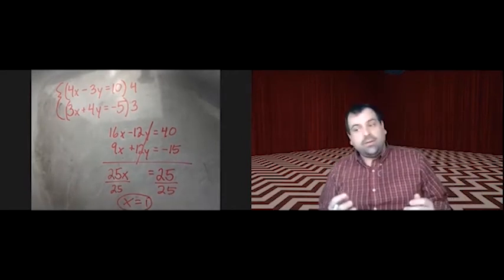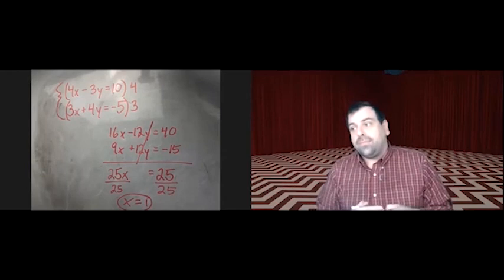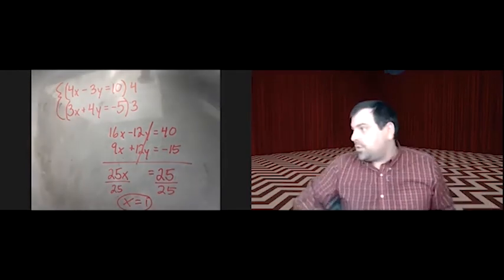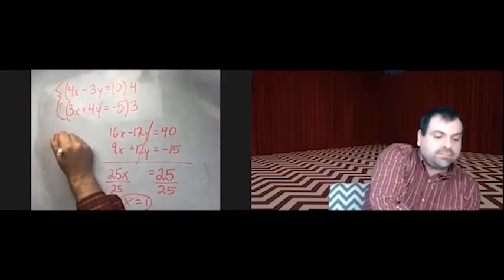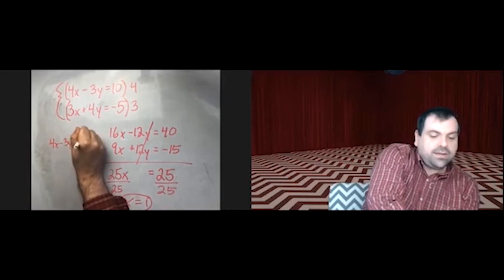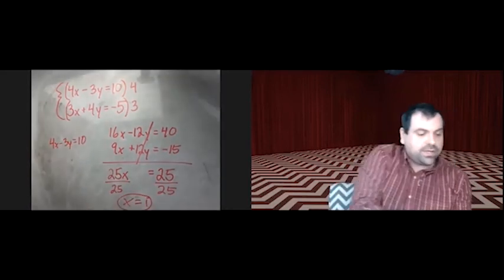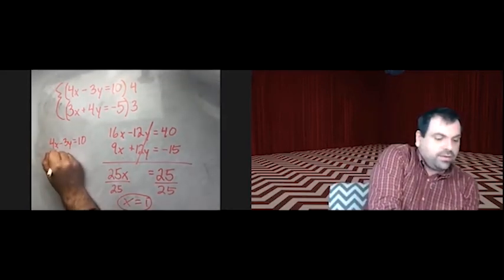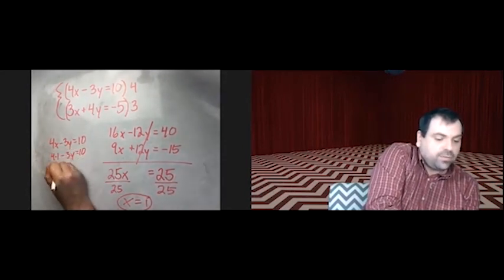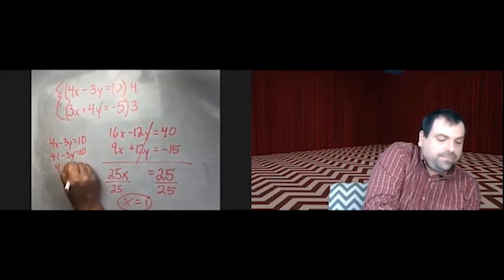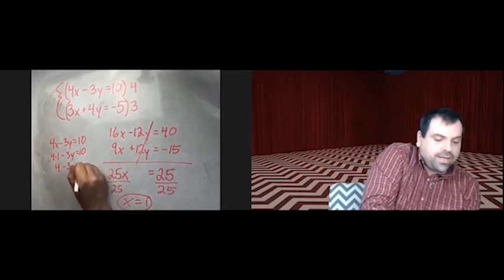But we're not done. We need to get y as well. So we pick one of the two equations that we started with. I'll just take 4x minus 3y equals 10 and x equals 1. 4 times 1 minus 3y equals 10. We're going to solve for y. 4 minus 3y equals 10.